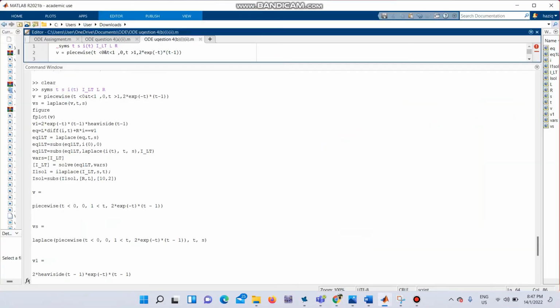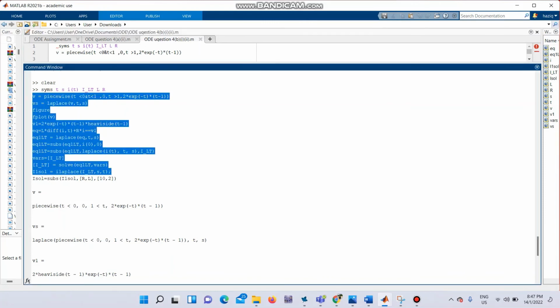So this is the coding that we make. Firstly, this is the input that we use to produce the output.